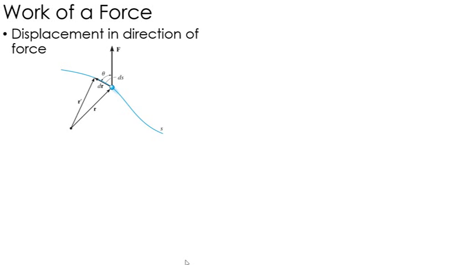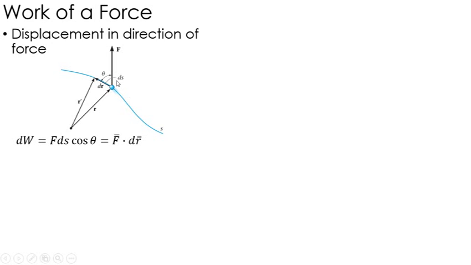Okay, we're going to start here by defining what we mean by the work of a force. Essentially, by definition, the work of a force is that force times its displacement in the direction of the force. So if my particle is following this path here and I place a force on it, what I'm really only concerned about is the force in the direction of motion, in the direction of the displacement.